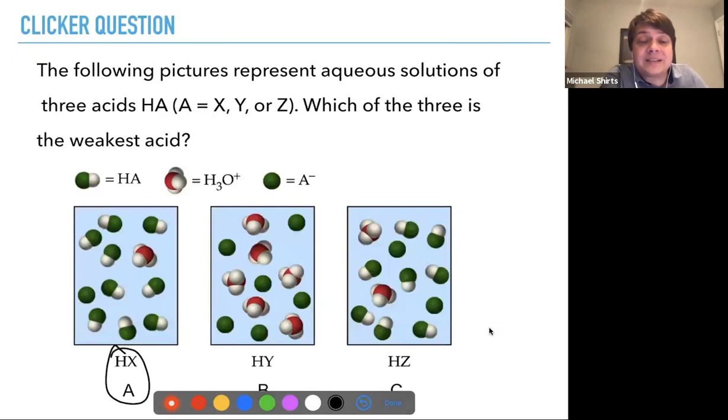It dissociates the least. HC is not particularly strong. HY is a strong acid. You notice that all of the HAs have lost their hydrogen and donated it to water to produce hydronium. That's strong. The weakest one is the HX, or option A.